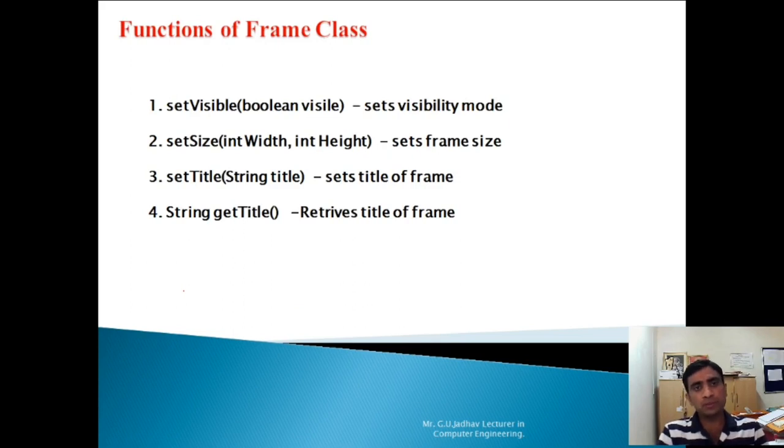Now these are the functions of the Frame class. The first function is setVisible, with S small. As you know, in the naming structure of functions the first letter should be small.